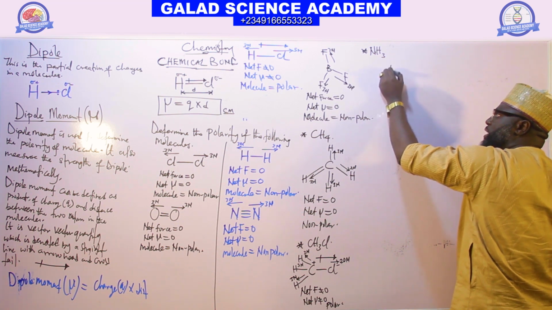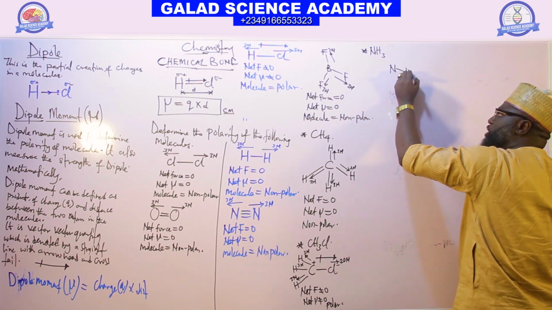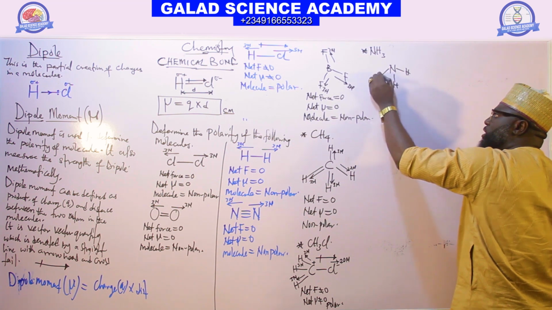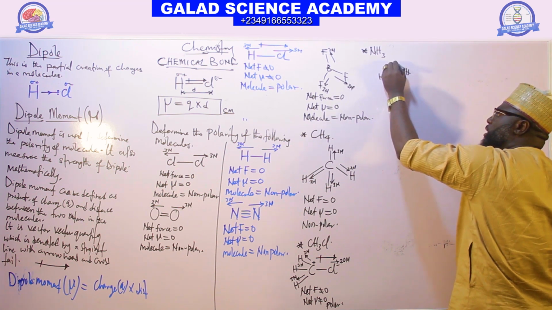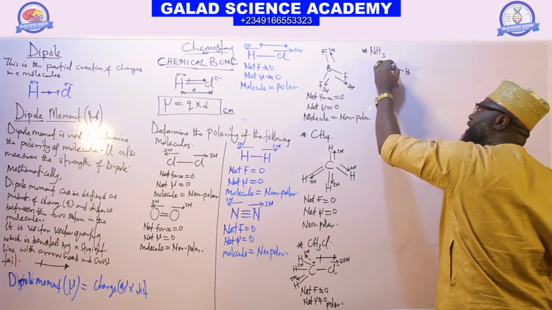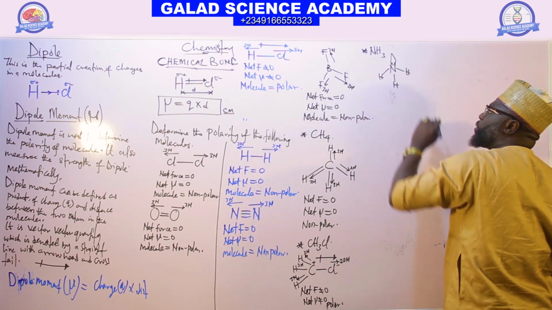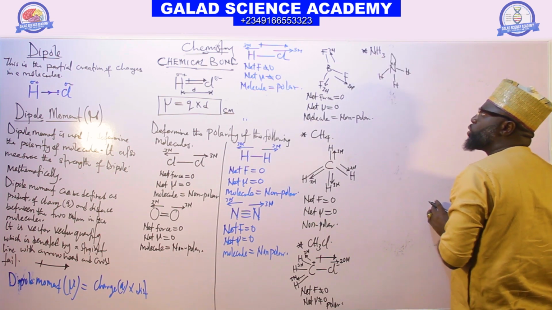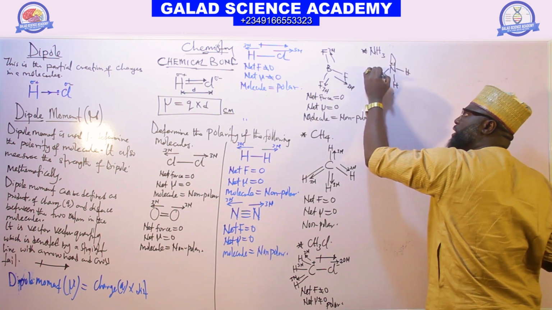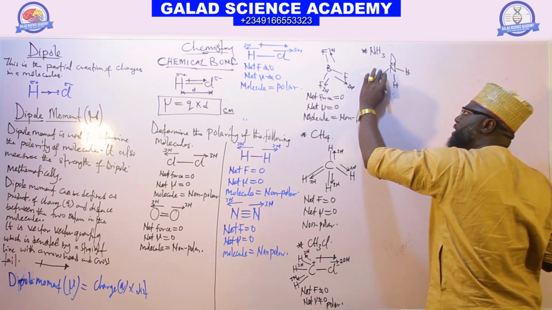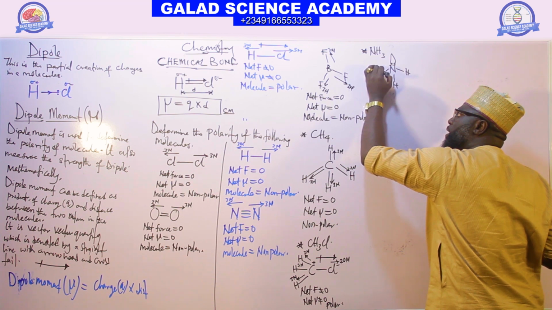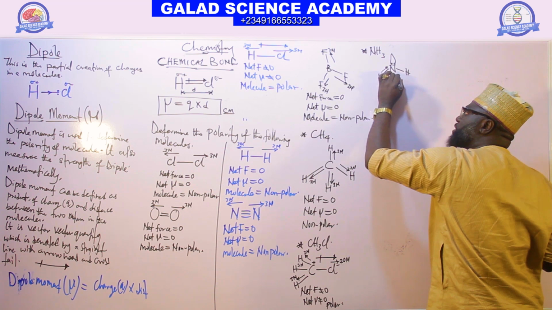And let us look at NH3, which is ammonia. Ammonia has N, H, H, H, and a lone pair of electrons here, pulling. So this thing will go like this, everything will go like this.